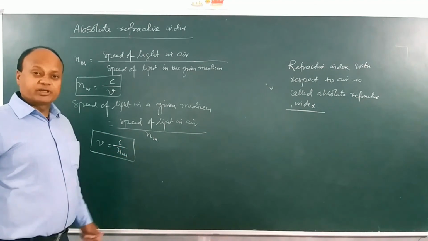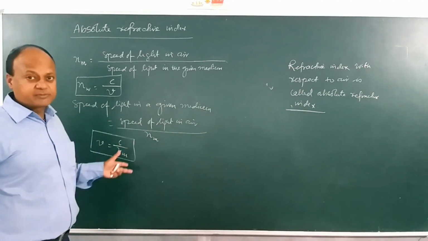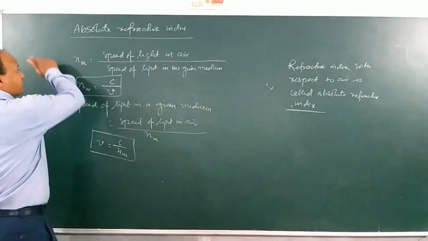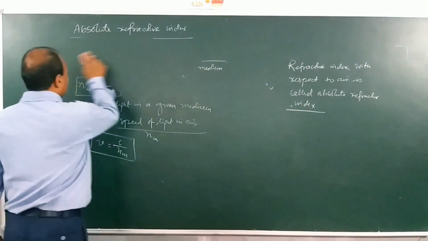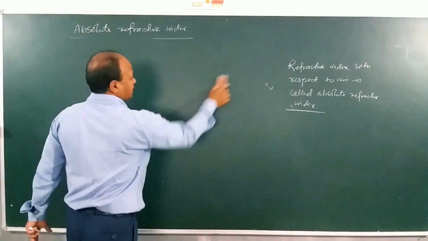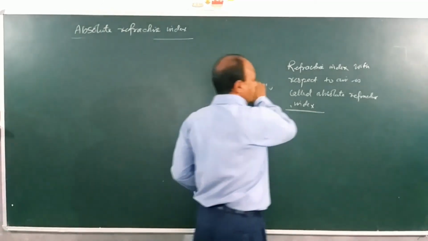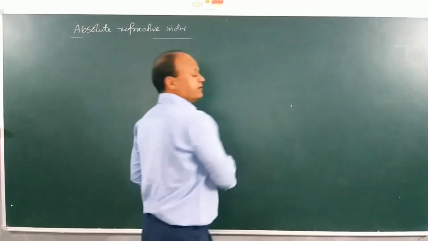So this is important, and you can always use this for the numerical problems. In the board exams, you get sums on this, so make sure you are able to use it. We will be seeing two typical examples of how to use these two formulas which you learned about absolute refractive index.